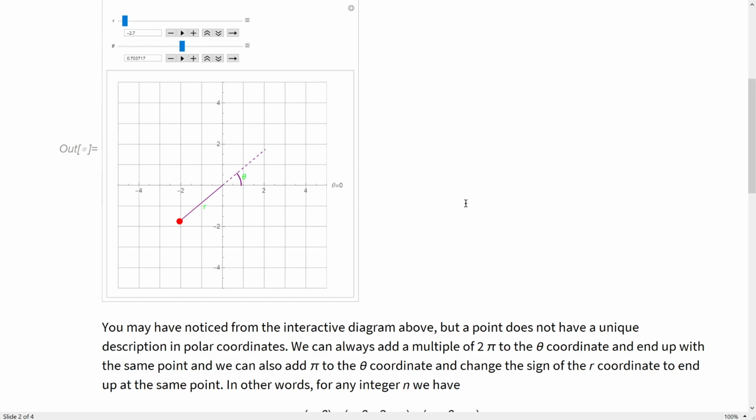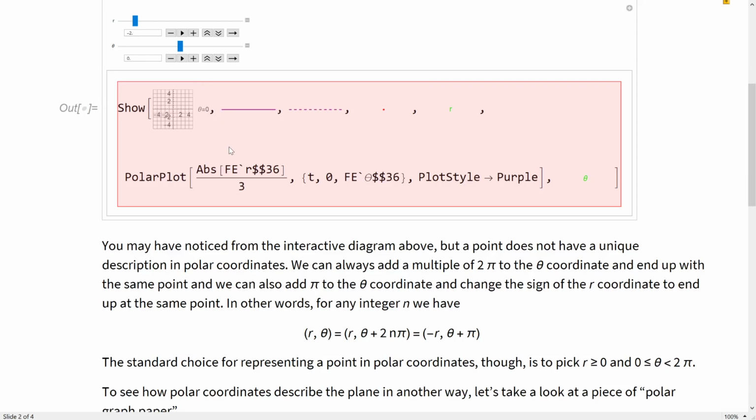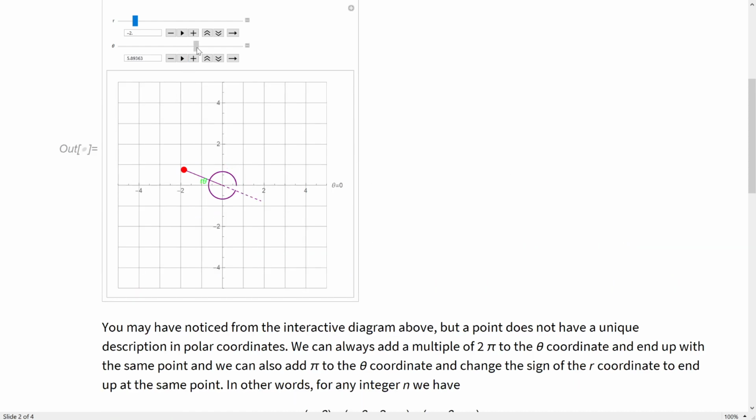We could also go to negative 2. Another thing we could do is, if we're at 2 and our point is down here, switch the angle so that it's up here instead, and then make r negative 2, and we end up in about the same spot.